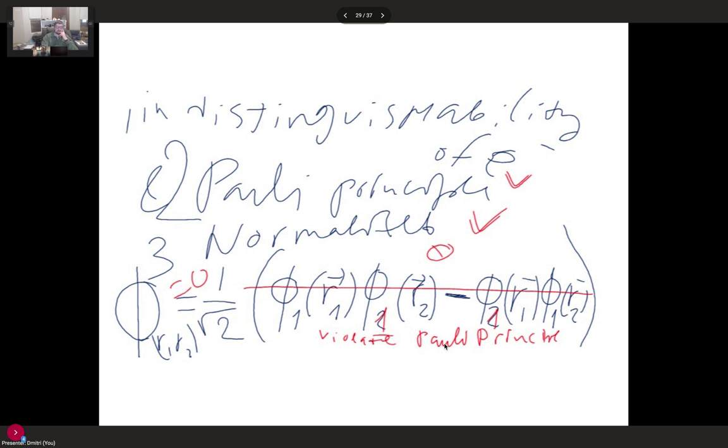But this is the shape in which we will search for the solution of the multi-electron wave function. So instead of a literal product of one-electron wave functions, we will make a product minus another product with a different order of wave functions for two electrons. And if it is 3 or 4 electrons, it will be a product of 4 or however many electrons, and more terms. So the number of terms and the number of elements in the product will grow. Okay?